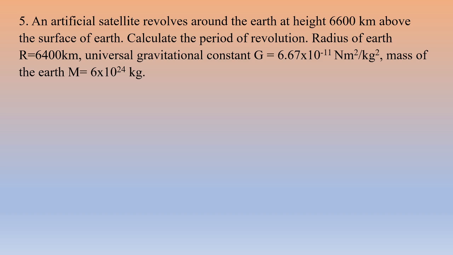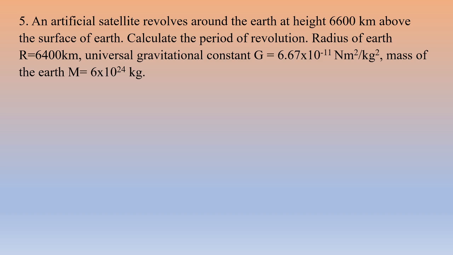Radius of Earth capital R is equal to 6,400 km and the universal gravitational constant capital G is equal to 6.67 into 10 raised to negative 11 Newton meter square per kilogram square. Mass of the Earth capital M is equal to 6 into 10 raised to 24 kilogram.